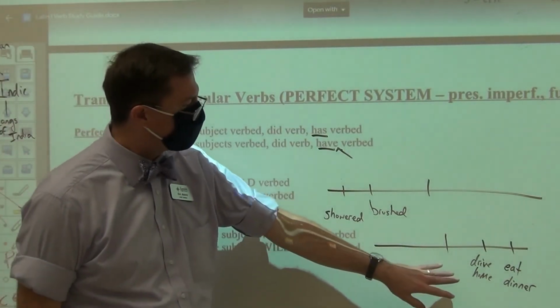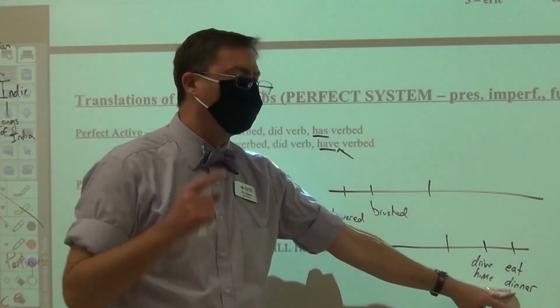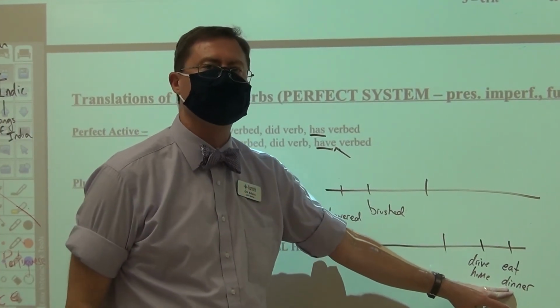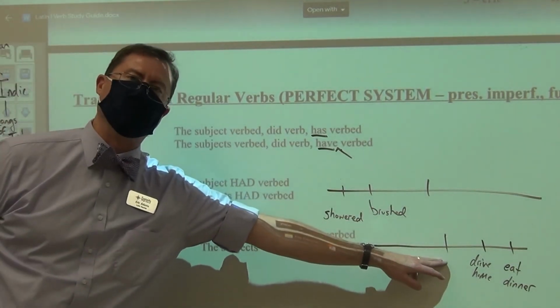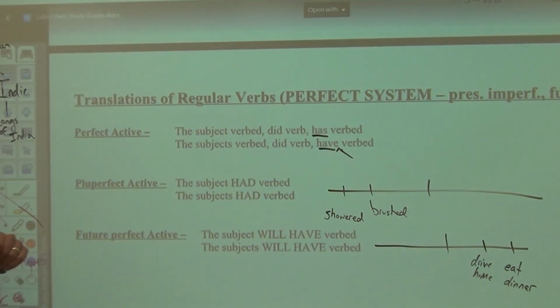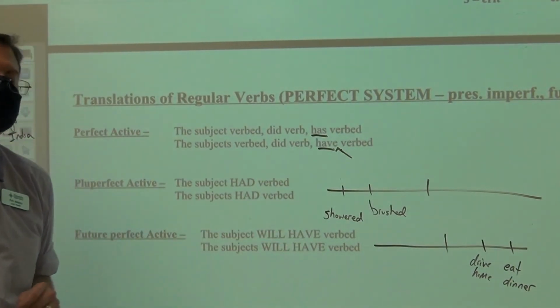And so, I can say, today, before I will eat dinner in the future, I already will have driven home. And that is the way that you will express future perfect with the helping verbs will have.